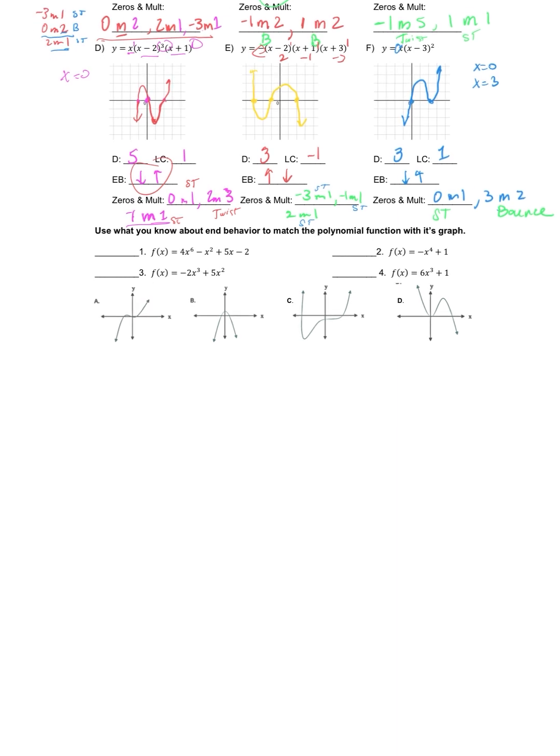Okay, for this last one, what I want you to think about is what you know about end behavior to match the polynomial function for this graph. So let's just look at each end behavior. This end behavior is down, up. So this has an odd degree, but it's also positive.